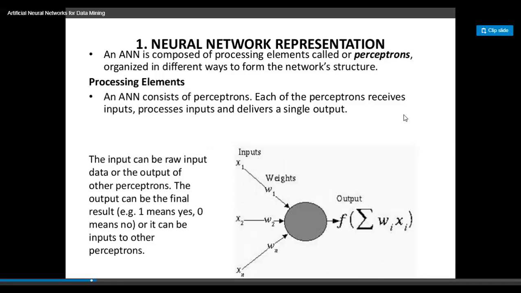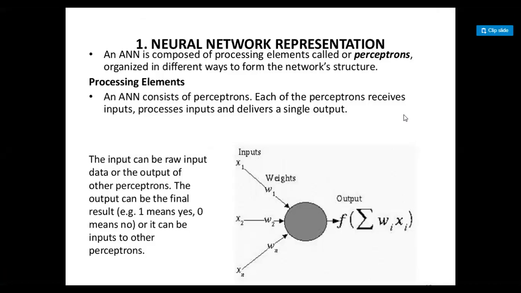Now, student, today we are going to discuss the neural network representation. In our day-to-day life, there are many situations in which we need the support of machines. For example, in the case of image recognition, voice recognition, and share market prediction, we have experts in this field.